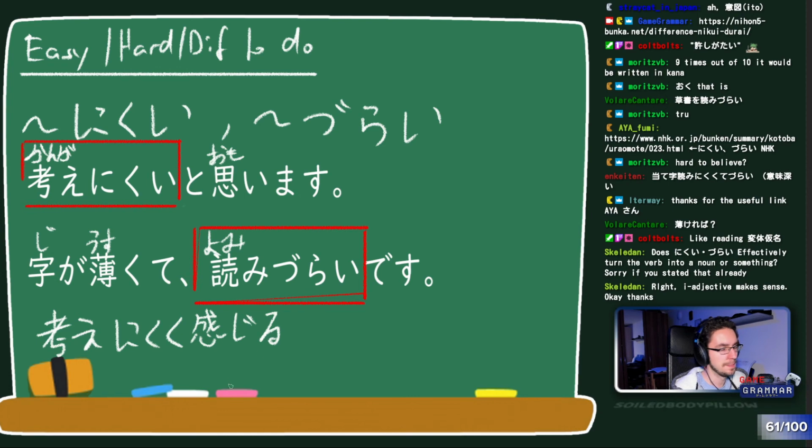It's a bit of a forced example, but grammatically speaking, this is perfectly fine. We conjugate nikui into nikuku, and now it is an adverb. And we use the adverb to describe kanjiru. So it feels to me like it is hard to consider, right?